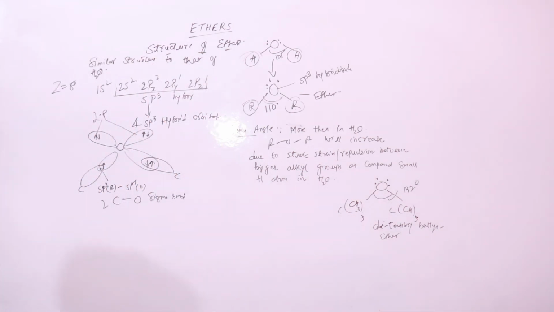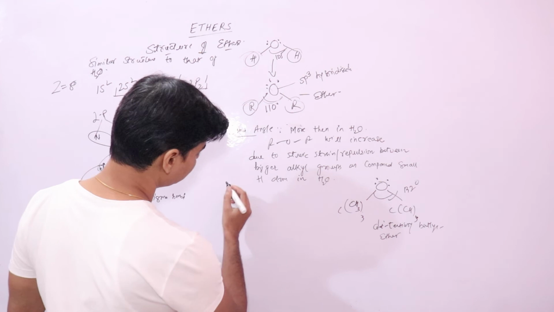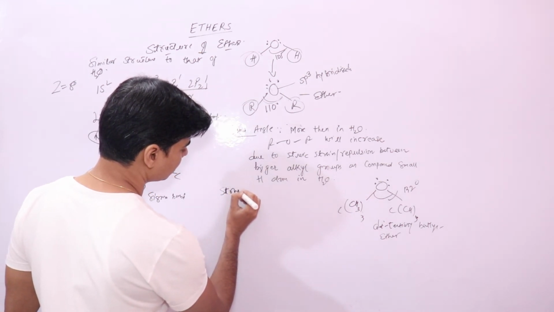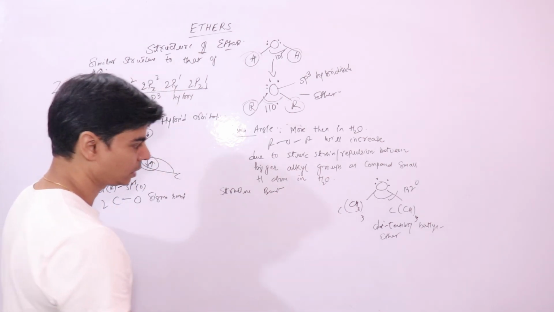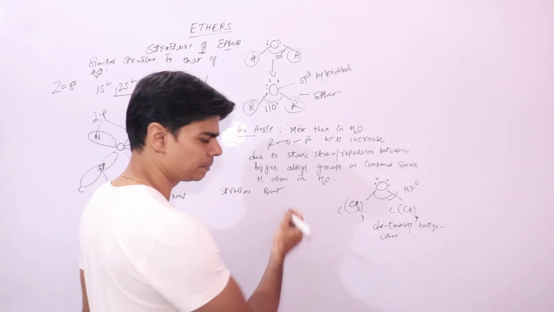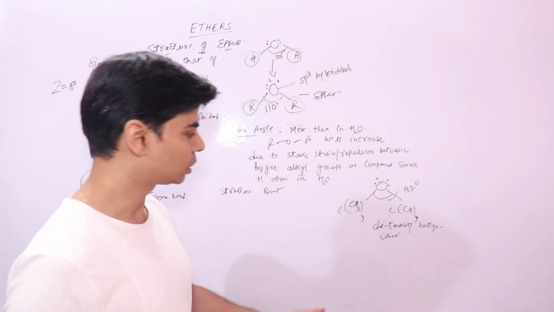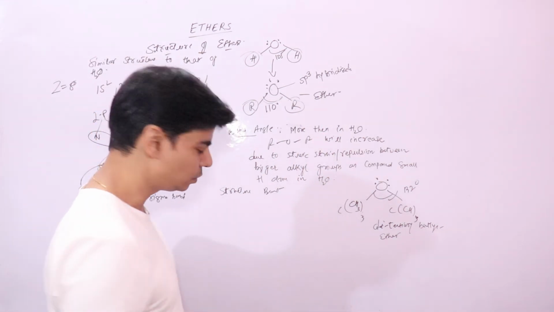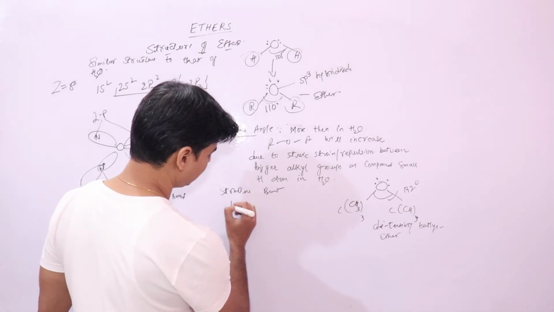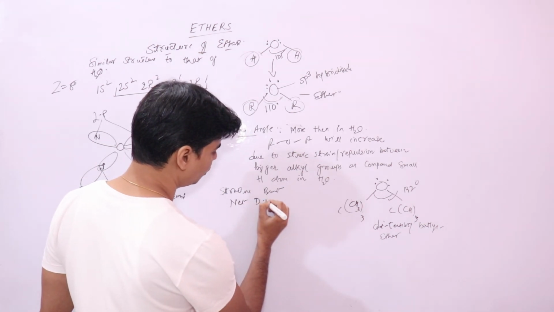I hope till this point it is clear. Since the structure is bent like that of water, or V-shaped, it has a net dipole moment. It is not a linear molecule, so ethers have a net dipole moment.